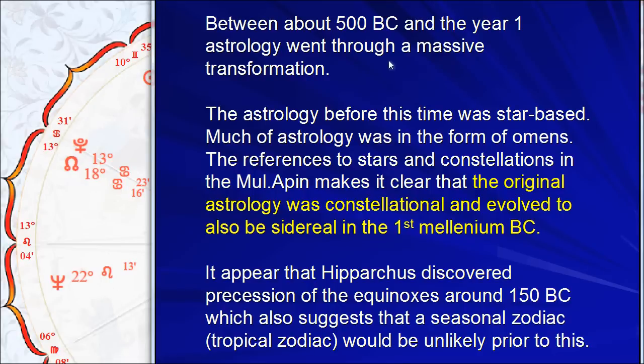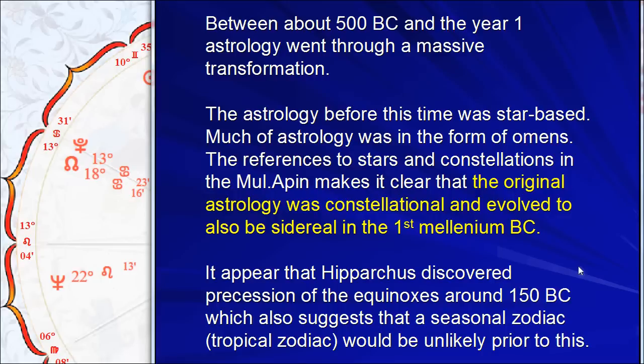So in that time period before 500 BC, there is no evidence that they knew about precession of the equinoxes or knew how fast it moved and so on. And the little bit of information that we have from primary sources like the Mul.Apin doesn't suggest anything about the tropical zodiac. So the conclusion is that the ancient astrology, meaning Babylonian, was constellational.